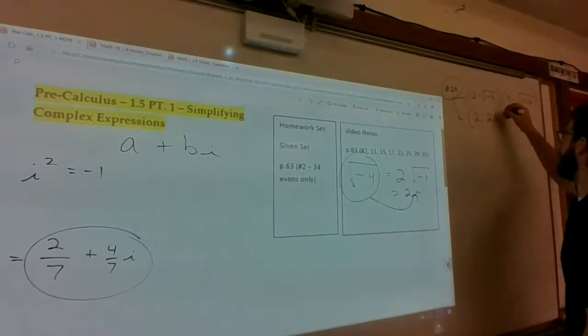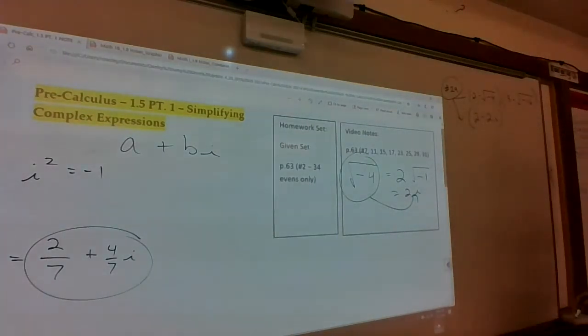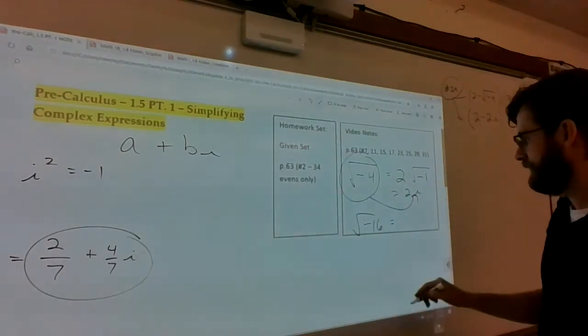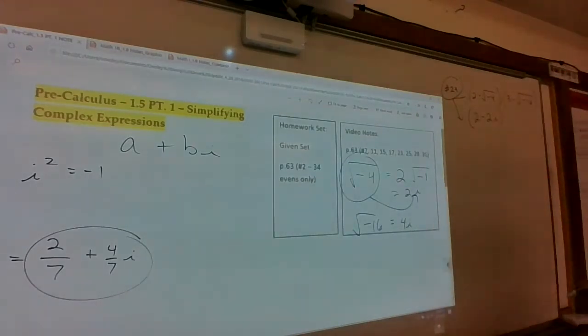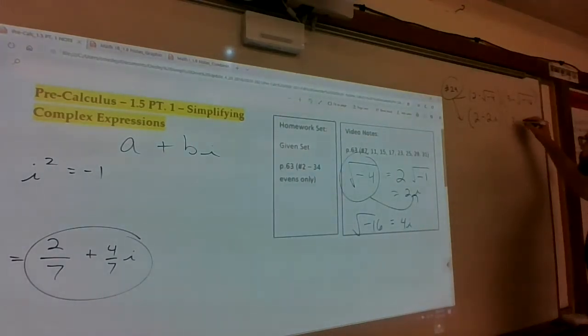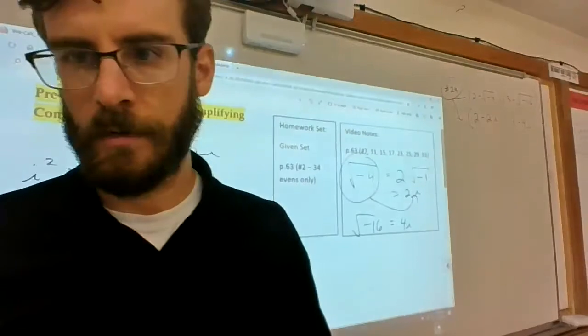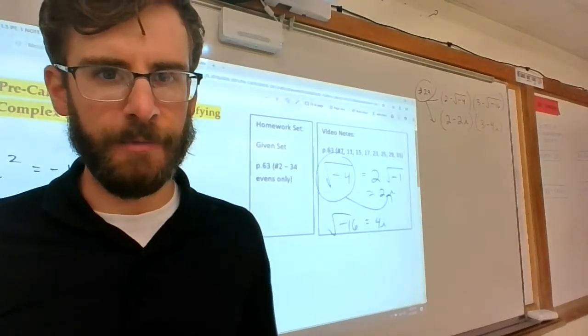That is 2i. This minus, still there. So root negative 16 is the same example we had. It's 4i. All right, that looks very similar to what we had before.